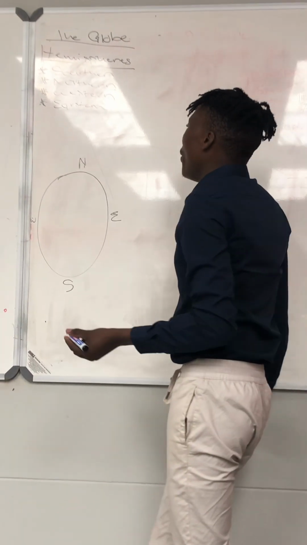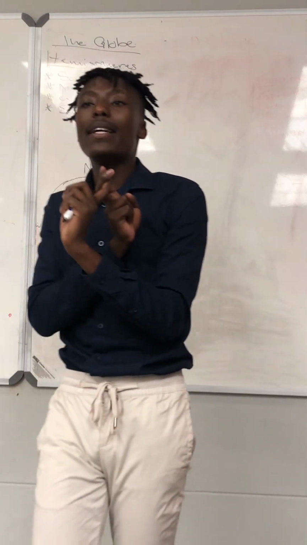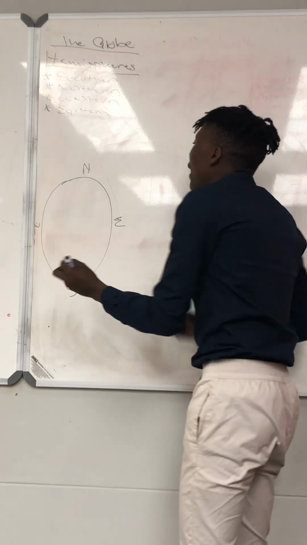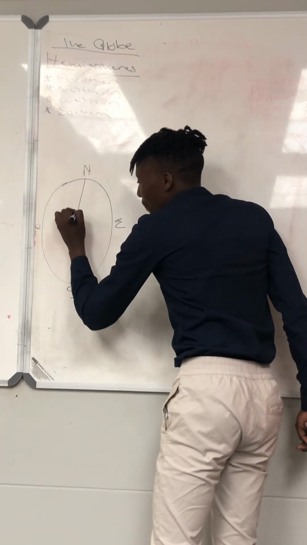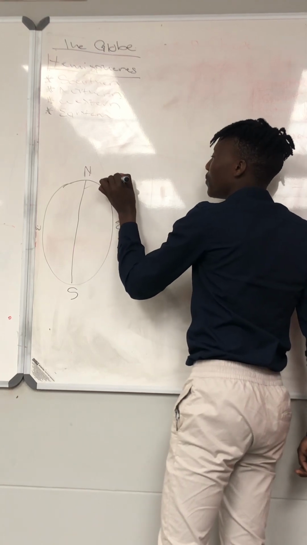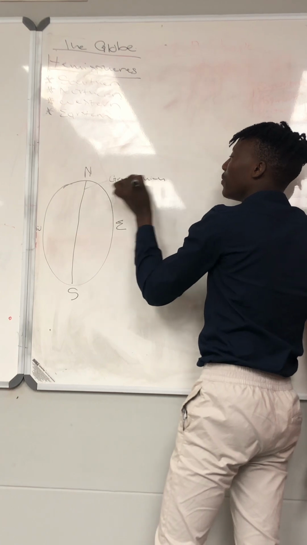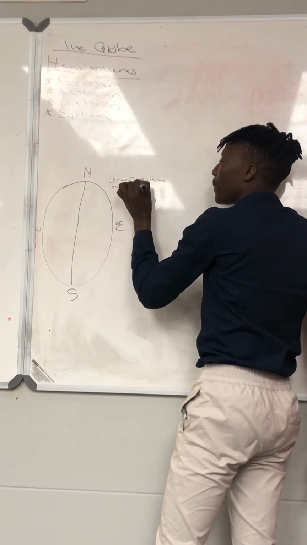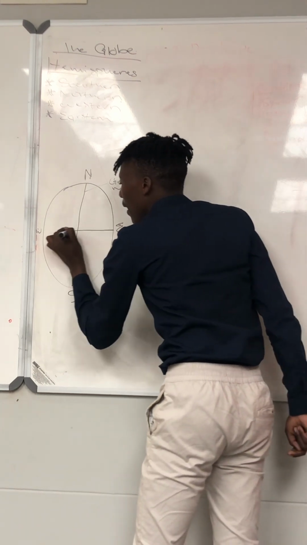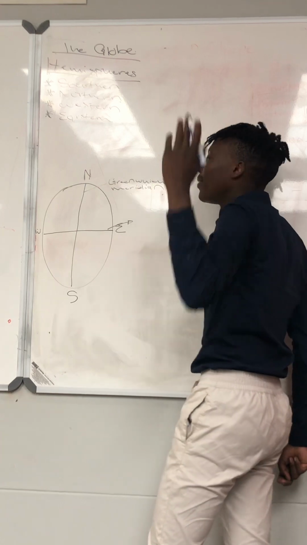And we have 2 important lines, or we can say 2 major lines, which are more important. Those lines is Greenwich Meridian, and the equator, which is located at 0 degrees.